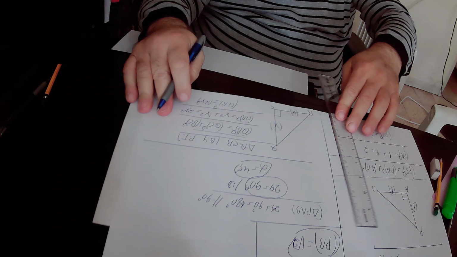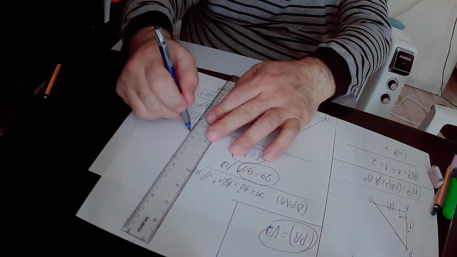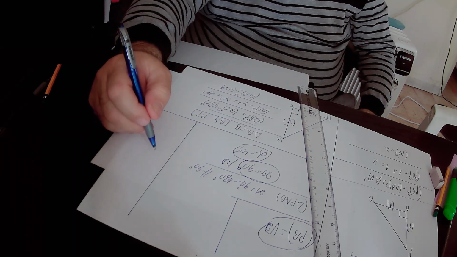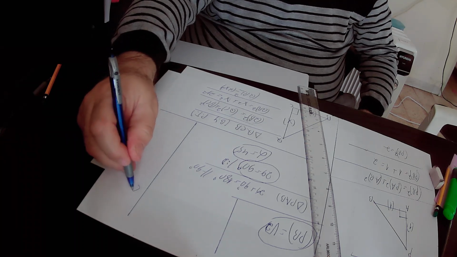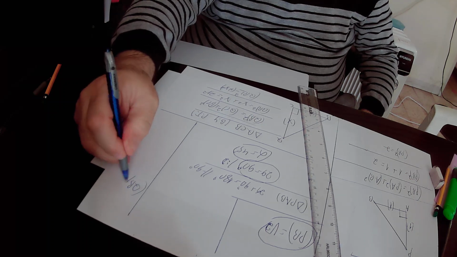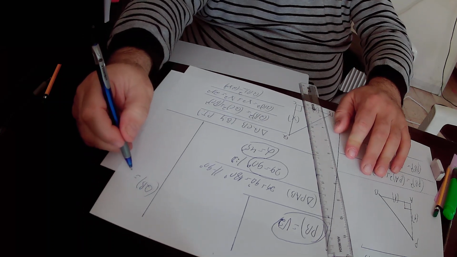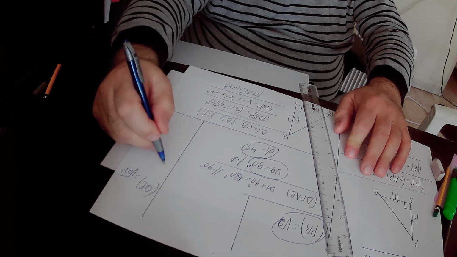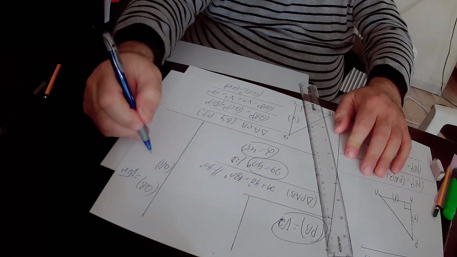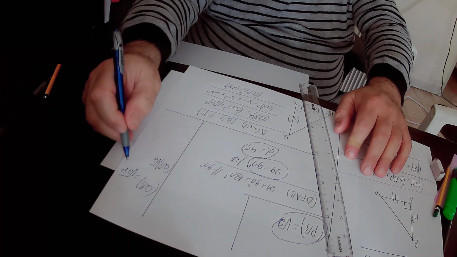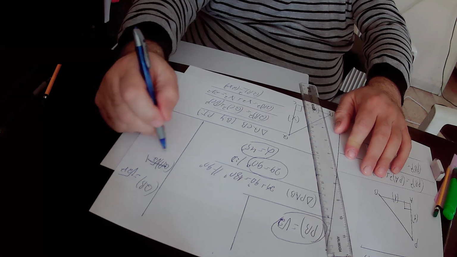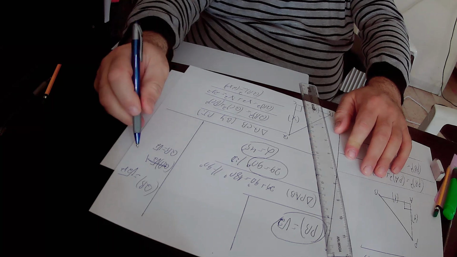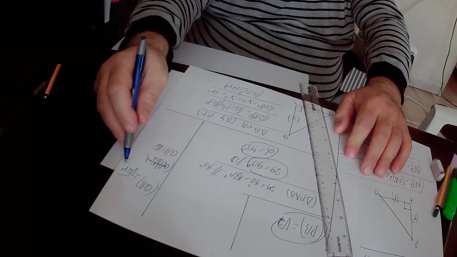We take a root of this equation, and finally we get that QB equals the square root of 2x squared. That is to say, QB equals the square root of 2 times the square root of x squared, and the square root of x squared is x.